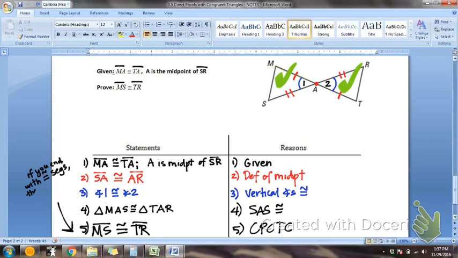The step before should be congruent triangles. Should be triangle congruent to a triangle. Okay? So if you end with congruent segments in your proof, the step right before that should say that your triangles are congruent. Okay? Any questions?